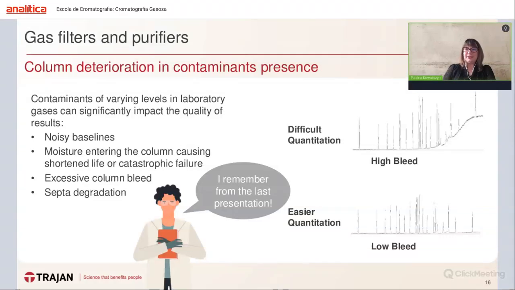Low bleed is the chromatogram which we would like to see, nice and easy to analyze. And also the moisture and oxygen can shorten the lifetime of our column, or can even lead to complete deterioration, so the change of the column for a new one.